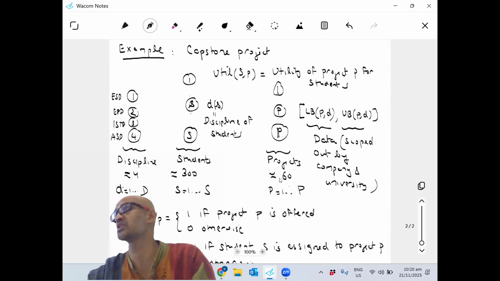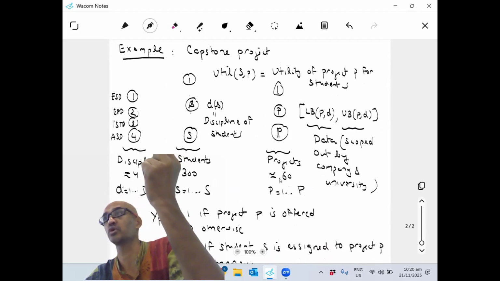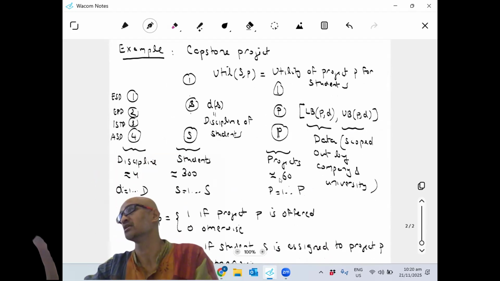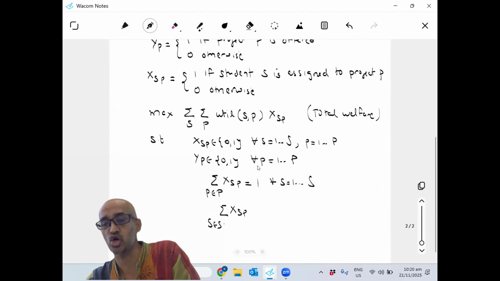For every student, I know which pillar they are in. So, for example, if this student is in the ESD pillar, the corresponding index here will be 1 for the student. It's just a number. It's just a data point. It tells you which discipline the student is in. So, what do I want to do? I want to ensure that for all students of the same discipline, let's call it D.